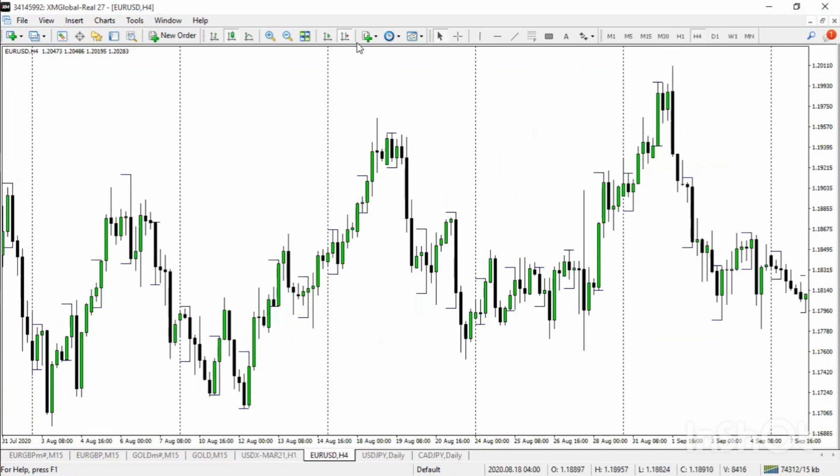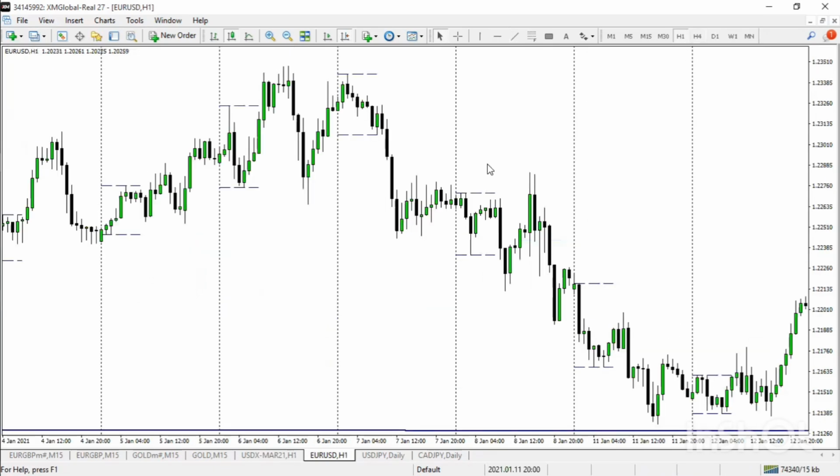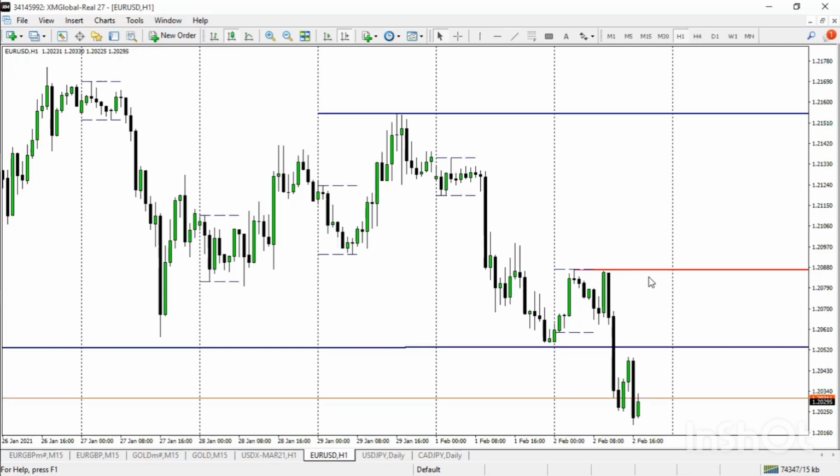EU 4 hour, I think you know, is bearish. This is the previous lower high. This was the lower high. And then 1 hour, just like you saw on the USD index, there's this low here, this lower high, I mean.